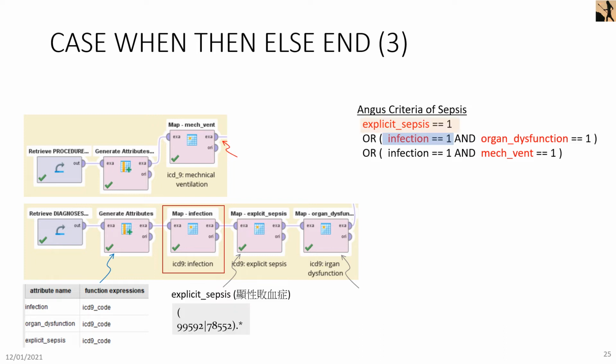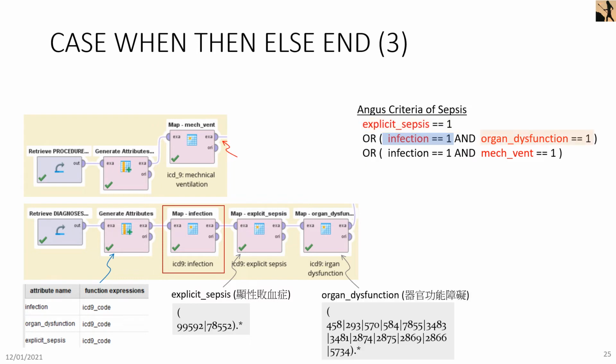For this explicit sepsis, just a small number of ICD codes match, so we should be able to handle that. And for this organ dysfunction, it's about 11 or so ICD codes matching.